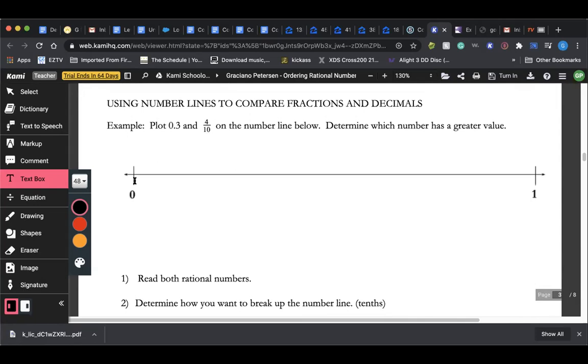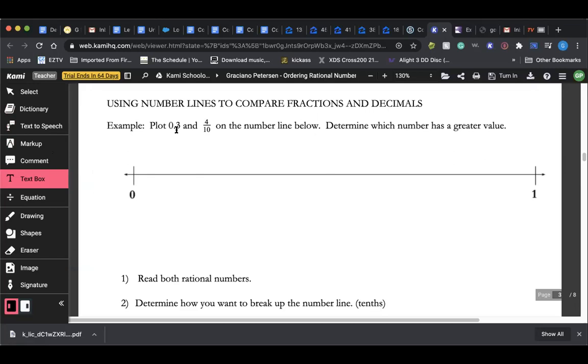I need to put them on this number line in between 0 and 1. They're both fractions of 1, so they're not quite 1, but they're bigger than 0. How do I know which one is bigger and where to plot them on this line?